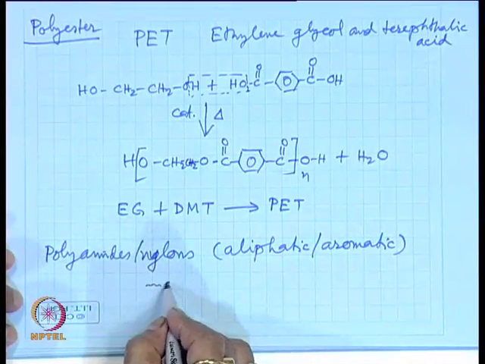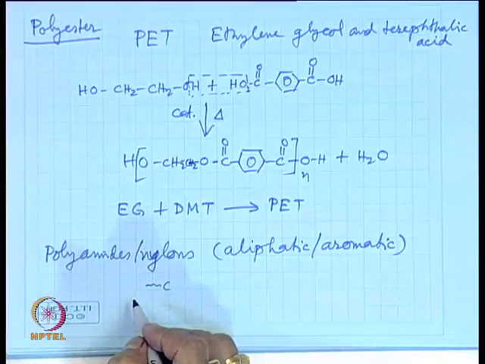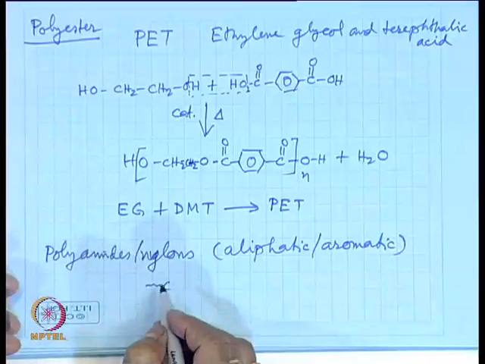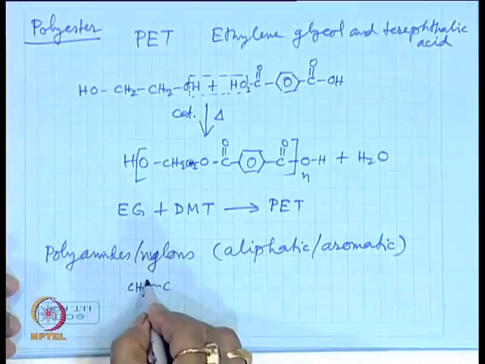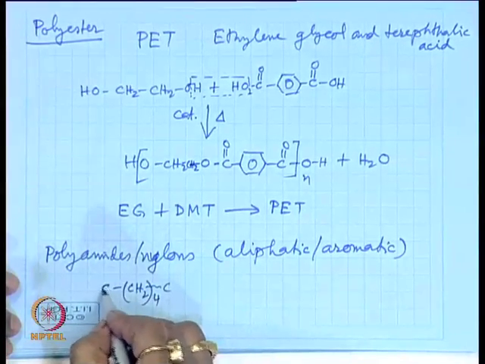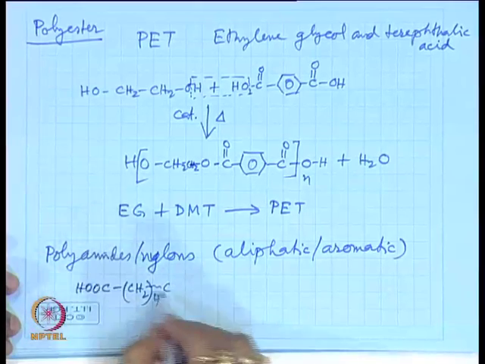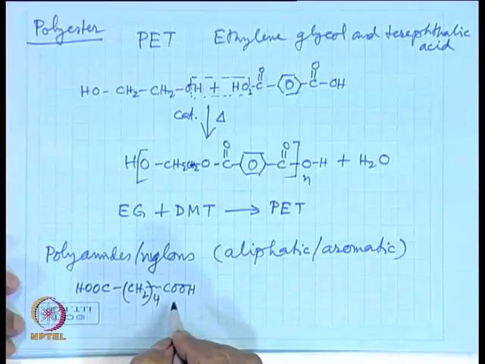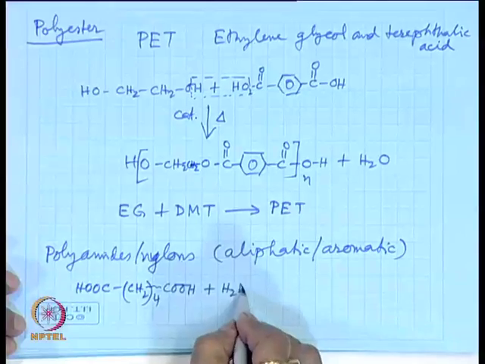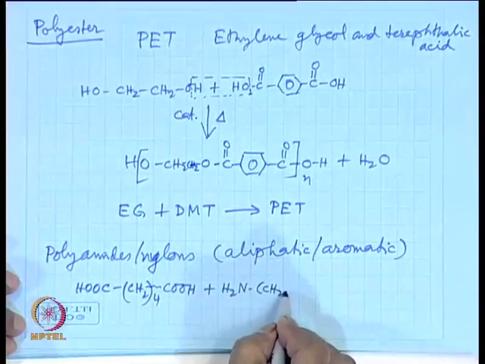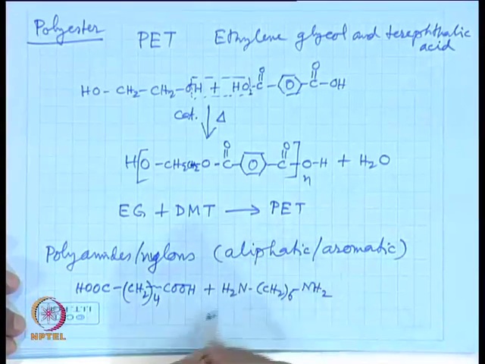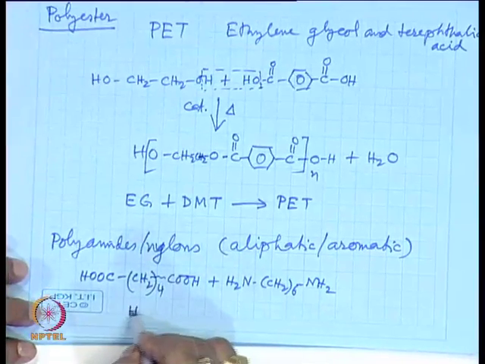Say nylon 66 is made from hexamethylene diamine and adipic acid. This is adipic acid and hexamethylene diamine reacts.